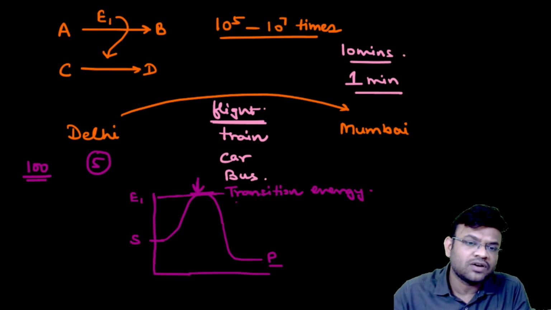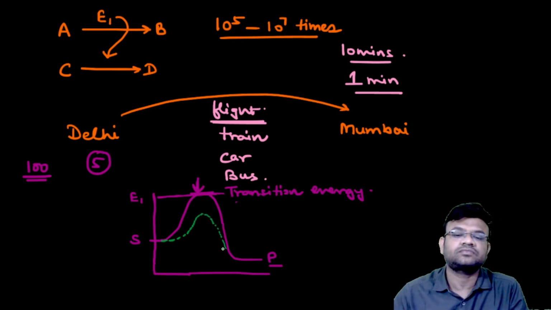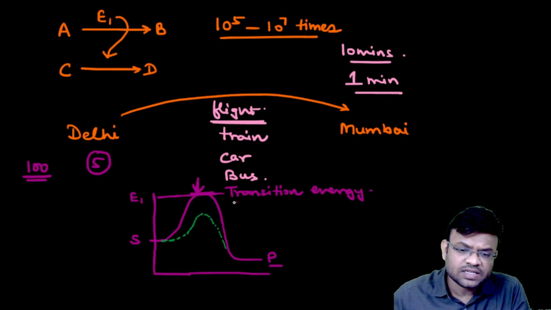What will the enzyme do? The enzyme will reduce the activation energy to something like this. That means previously the activation energy was this much. This was the activation energy.